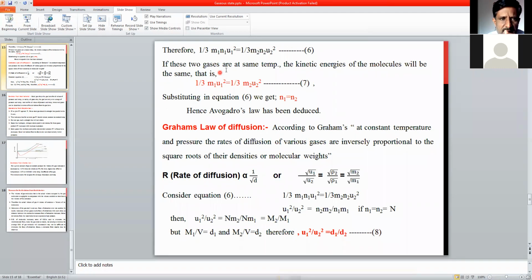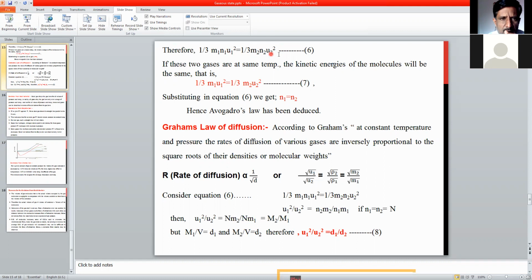Now if these two gases have the same temperature, then the kinetic energy of the molecules is the same. So 1 upon 3 m1 u1 square is equal to 1 upon 3 m2 u2 square. This is equation number 7. Now if you substitute this equation into equation number 6, all the factors cancel, but what remains?